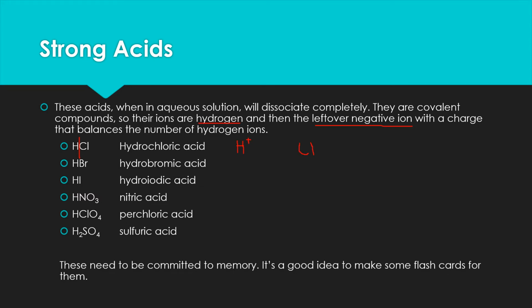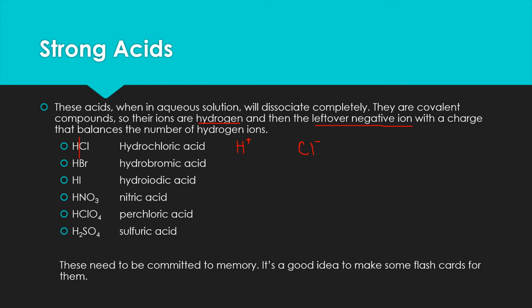We can separate those out. All of these acids that are listed here are strong acids, which means if I put HCl into water, it's not going to stay together. It's not going to stay as the covalent HCl compound. It's going to break into hydrogen and chlorine ions. Same with hydrobromic acid. It's going to break into hydrogen and bromine ions. So all of these acids will do that.